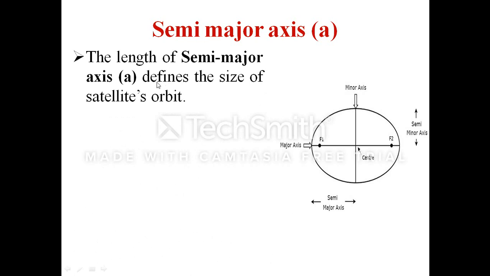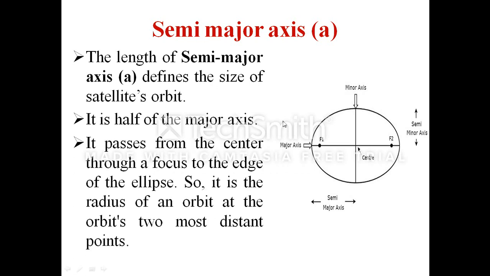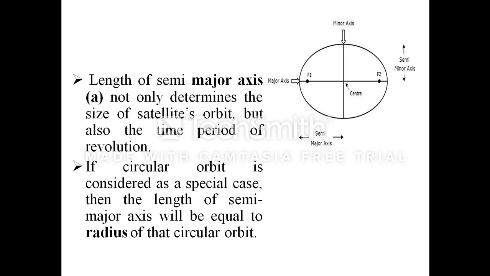Now the length of this semi-major axis defines the size of the satellite's orbit. It passes from the center through the focus to the edge of the ellipse. So it is the radius of an orbit at the orbit's two most distant points.